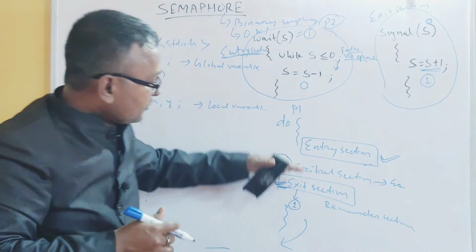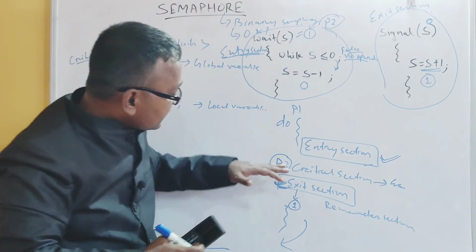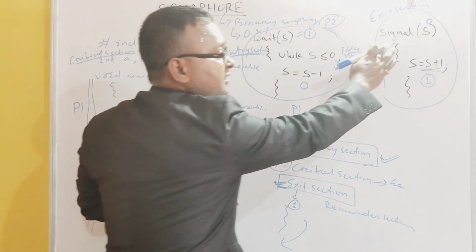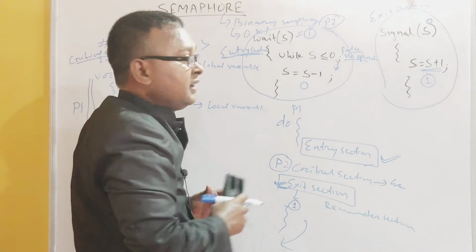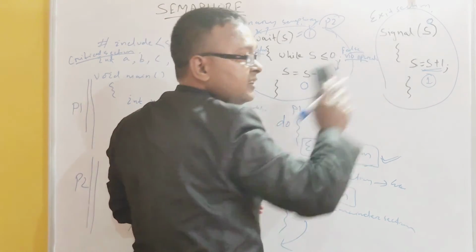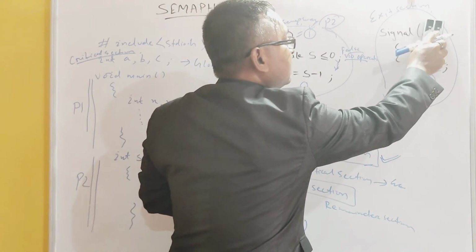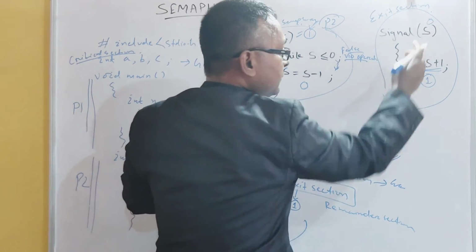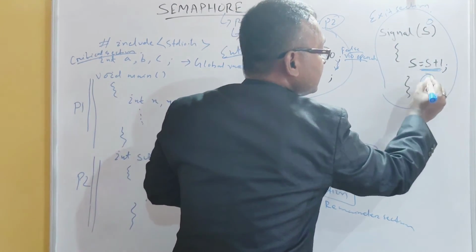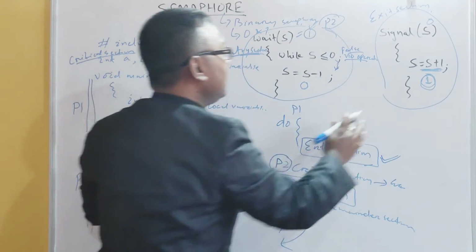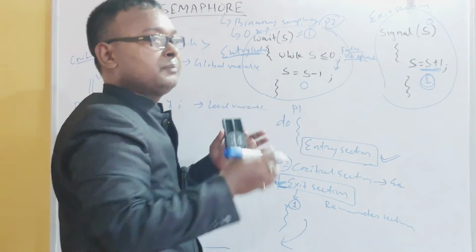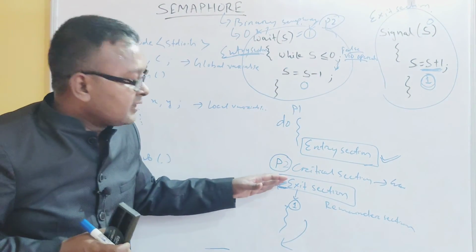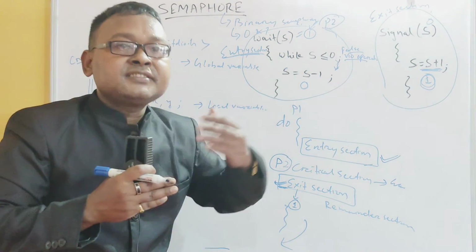After executing the critical section, it will execute the exit section, which is the signal. It will increment the semaphore value to 1, thereby allowing the other processes P3, P4 to enter into the critical section in a synchronized manner.